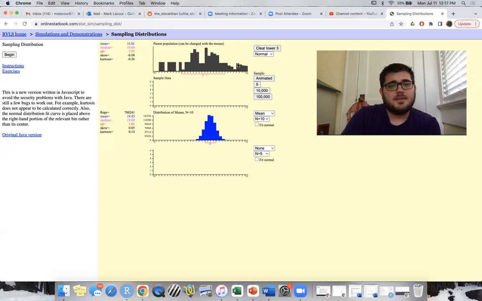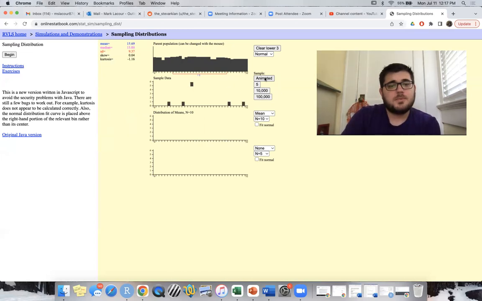Let's do a flat population distribution, completely flat. Clear the lower three. Let's do any observation as equally likely as any other observation. There's no real peak.